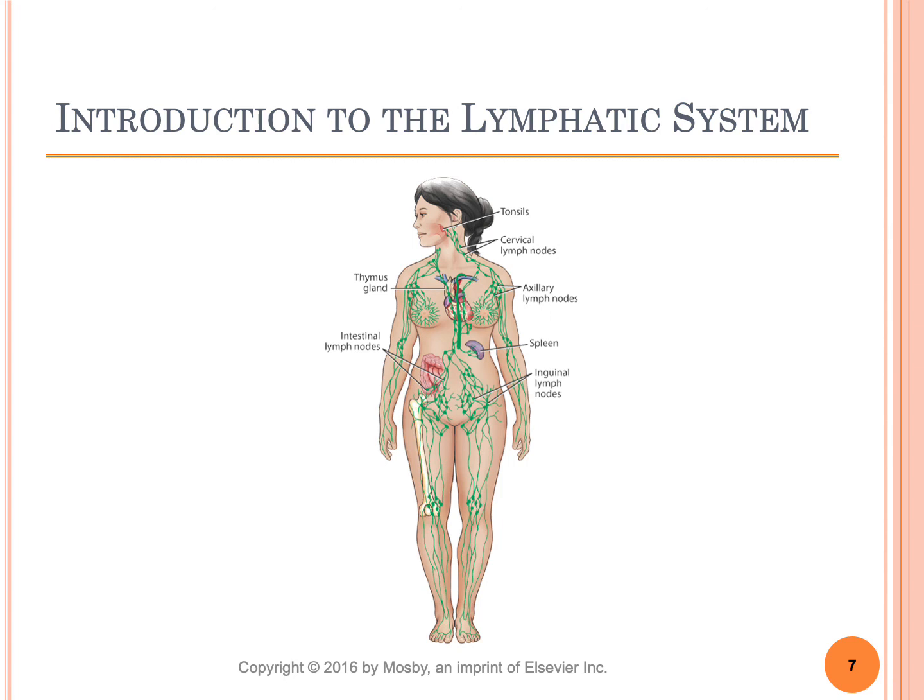And by the time we're 75 or 80 years old, it's mostly just this lump of fibrous tissue that's really non-functioning anymore. And that makes sense if we think about how our immune system declines as we age, because that thymus is a big part of the health of our immune system.